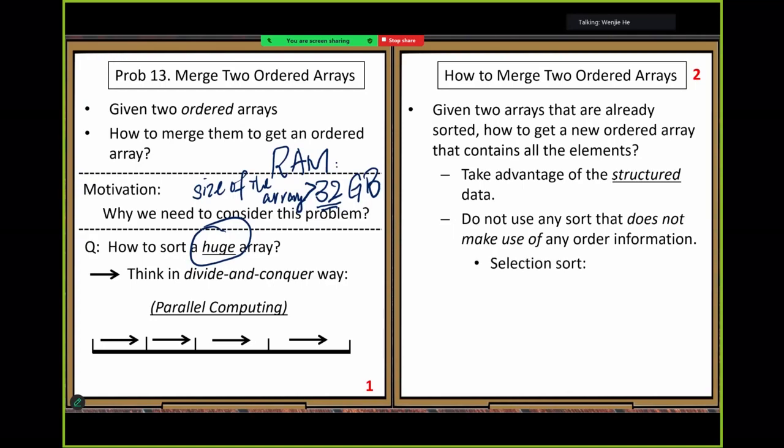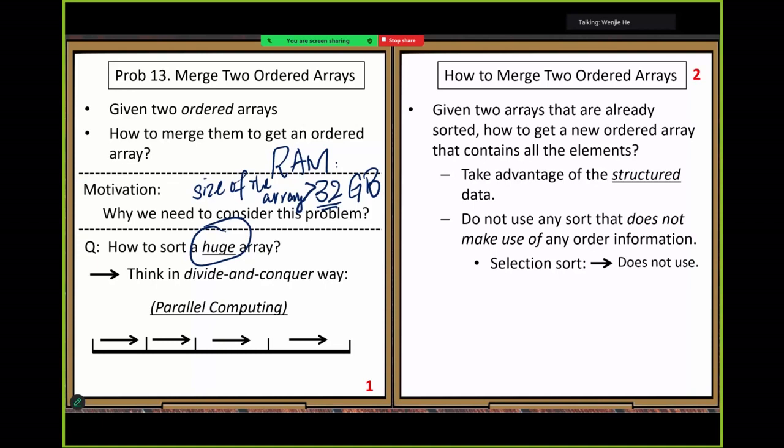All right. So let's look at the sorts we have learned at this point. Selection sort does not use the order information, right? Because no matter what the order is, you're always finding the minimum. Do it in the same way.